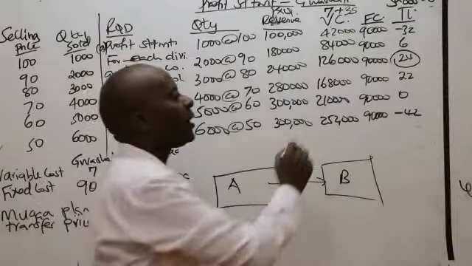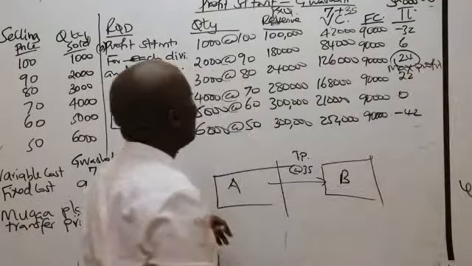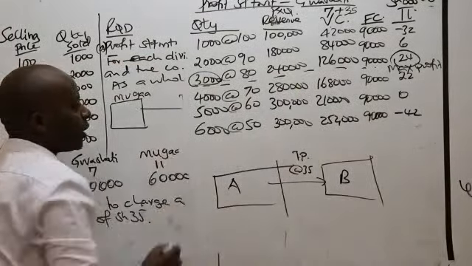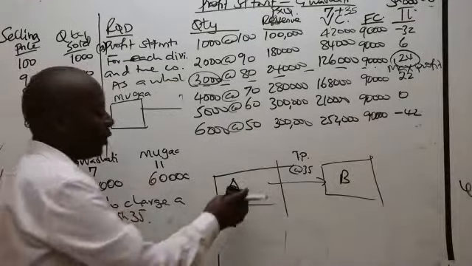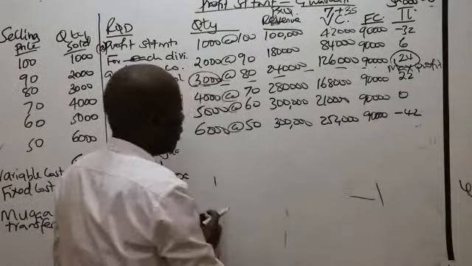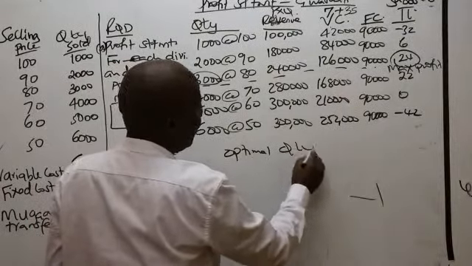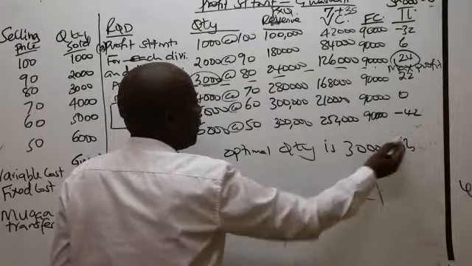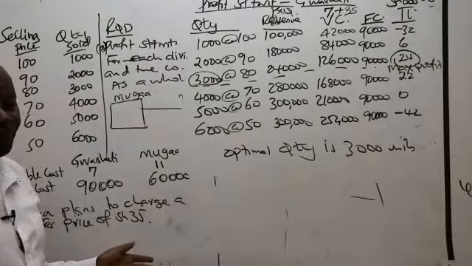So I'll say max profit, and therefore the quantity that corresponds to this is 3,000, which becomes our optimal quantity. The optimal quantity is 3,000 units.